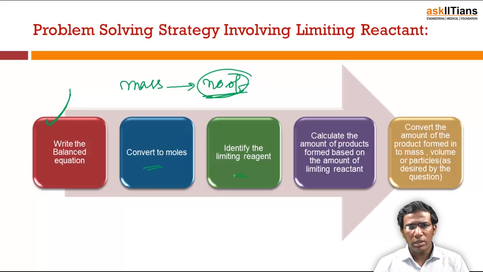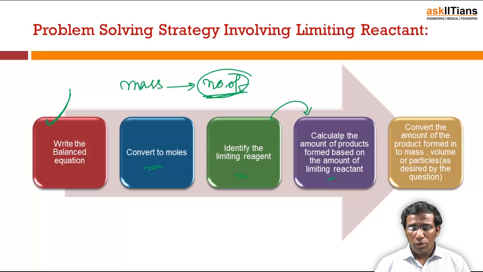Since the limiting reagent is the one which controls the reaction and affects the amount of the products formed, you can calculate the amounts of product formed based on the amount of the limiting reactant you have taken.